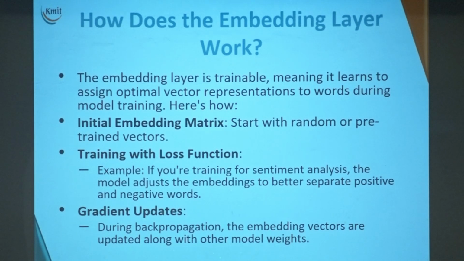For example, if you are training for sentiment analysis, the model will adjust the embeddings to better separate positive words and negative words. Also, you will undergo gradient updates. During backpropagation, embedding vectors are updated along with the model weights.